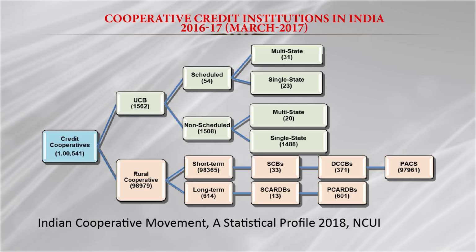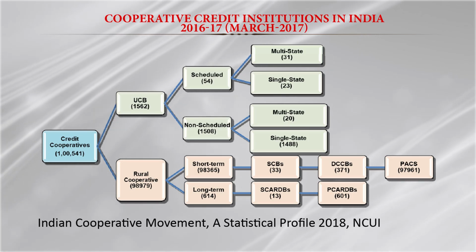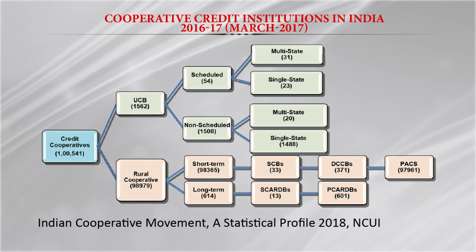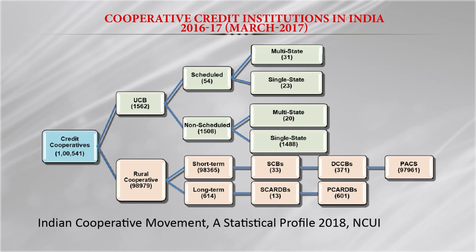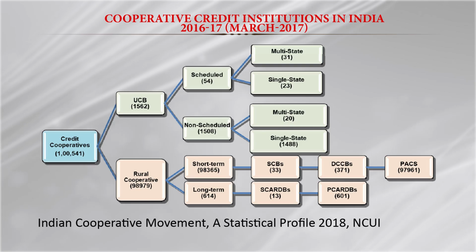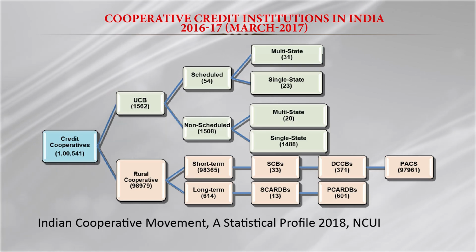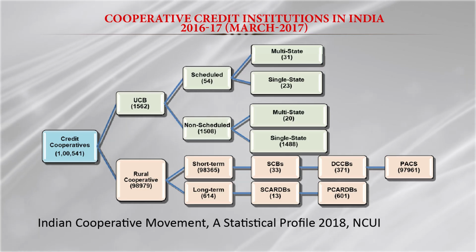In case of the rural cooperative, that is actually our target to understand in this presentation, we have two types of structure: a short-term structure and a long-term structure. In case of short-term structure, we have a total of 98,365 credit societies, and in case of long-term, we have 614 credit cooperative societies.